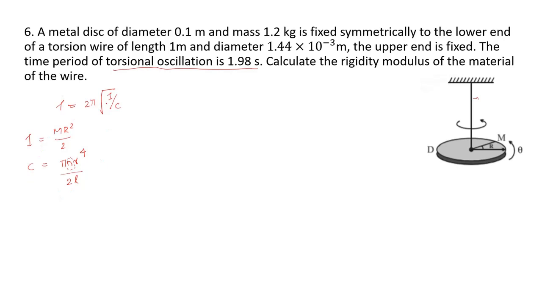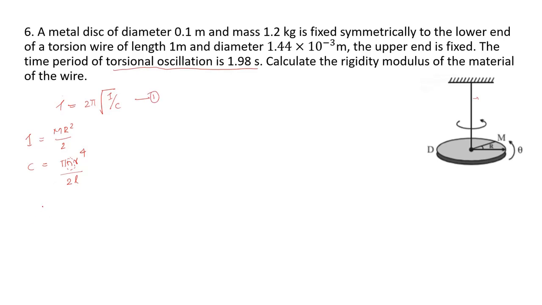So, let's put these two equations into the equation for T. Before that, I would like to square the equation for T, because C comes inside the square root. So, to make it simple, I am squaring this equation number 1.